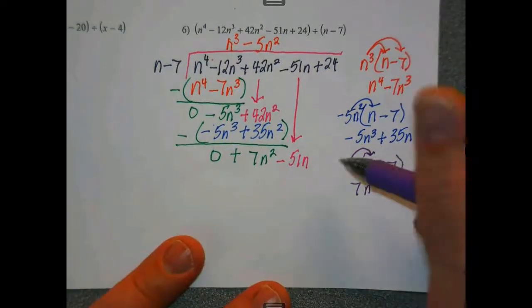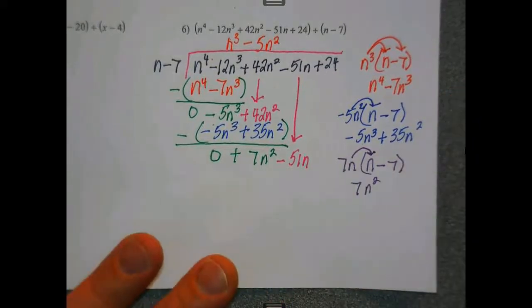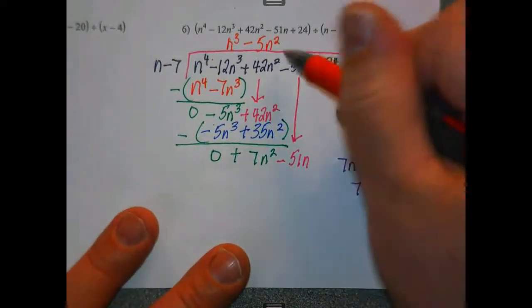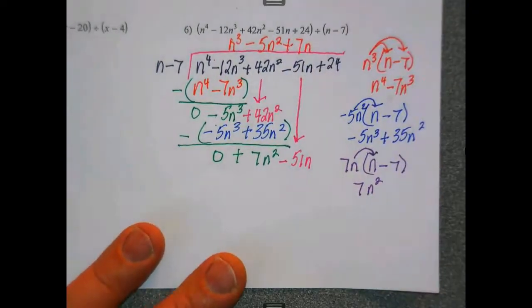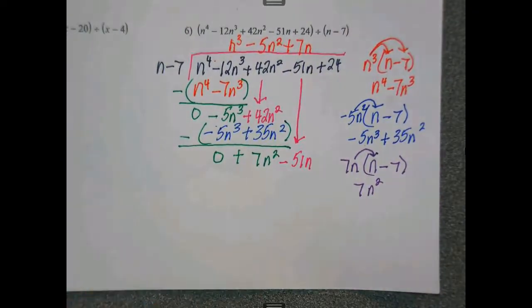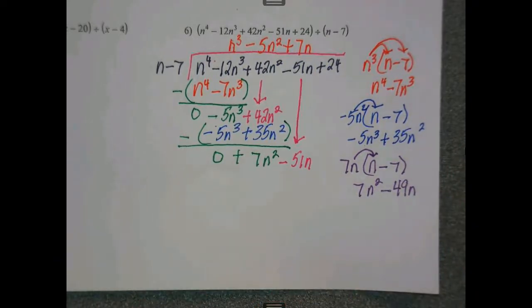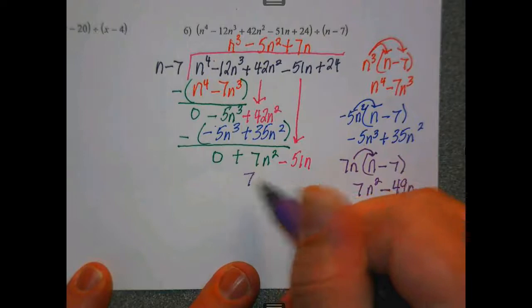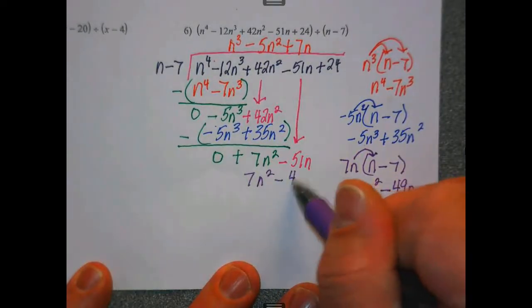So I'm going to multiply it by 7n, n to the first. 7n times negative 7 is negative 49n. There's my product: 7n squared minus 49n.